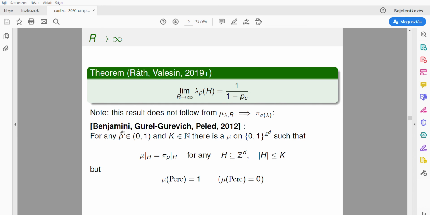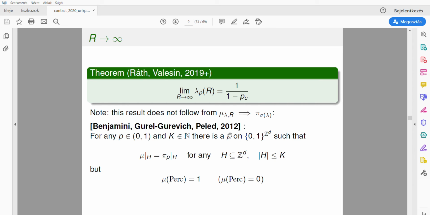For any density and for any finite value of k, you can create a measure on the set of configurations of zeros and ones such that for any finite subset H of Z^d whose cardinality is less than k, the joint distribution of the occupancies of the sites inside this set H under this measure looks like Bernoulli product measure.